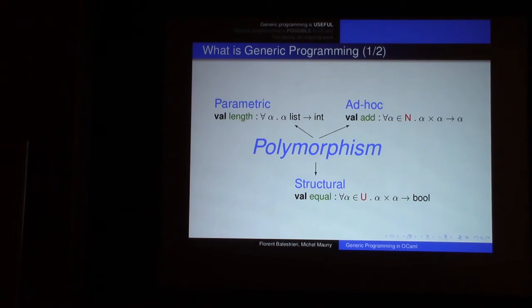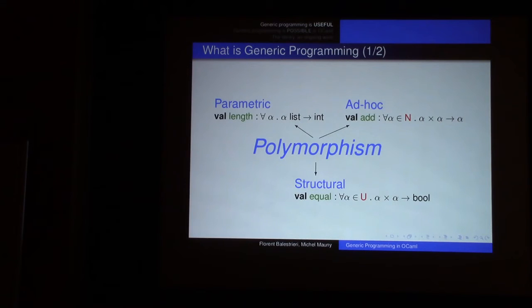Another polymorphism is ad hoc, which is basically overloading. One example is overloading addition for integers, for real numbers, for complex numbers, and one equation is needed for each type. And usually ad hoc polymorphism doesn't range over all types, but over a fixed range of types for which we have given an implementation. On the other hand, parametric polymorphism ranges over all types.